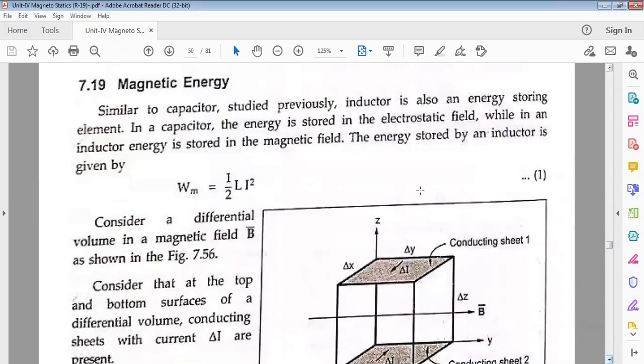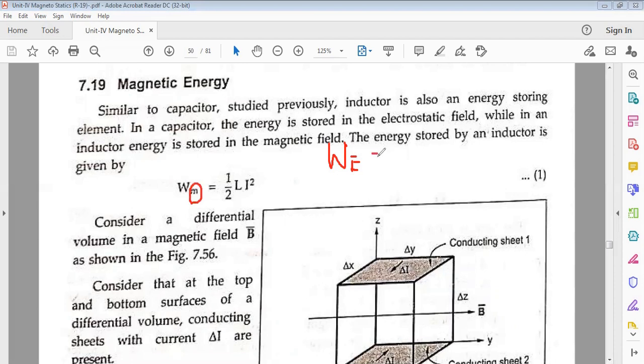Next, the very important topic, magnetic energy. In electrostatics, we studied the electric energy. What is electric energy? WE is equal to 1 by 2 CV square. We already derived this equation. Here the M is nothing but the magnetic energy.